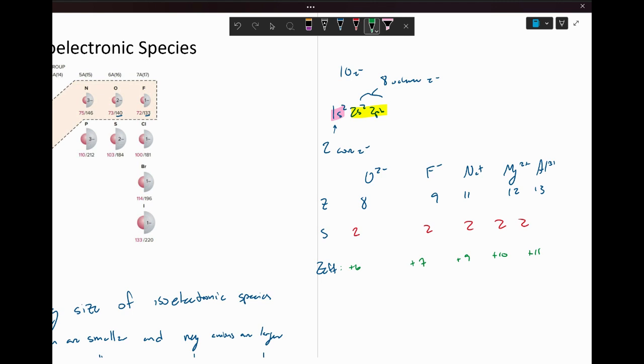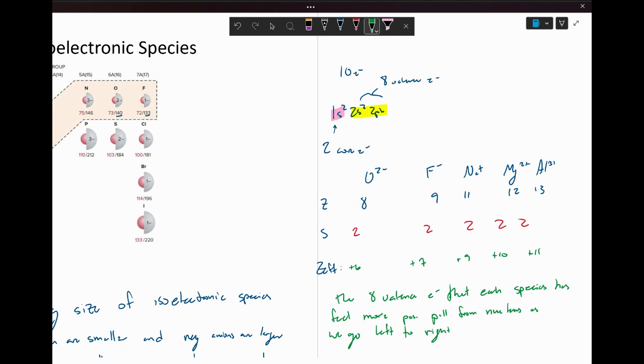So what we're seeing as we go from left to right is that the 8 valence electrons that each species has feel more positive pull from the nucleus as we go left to right.